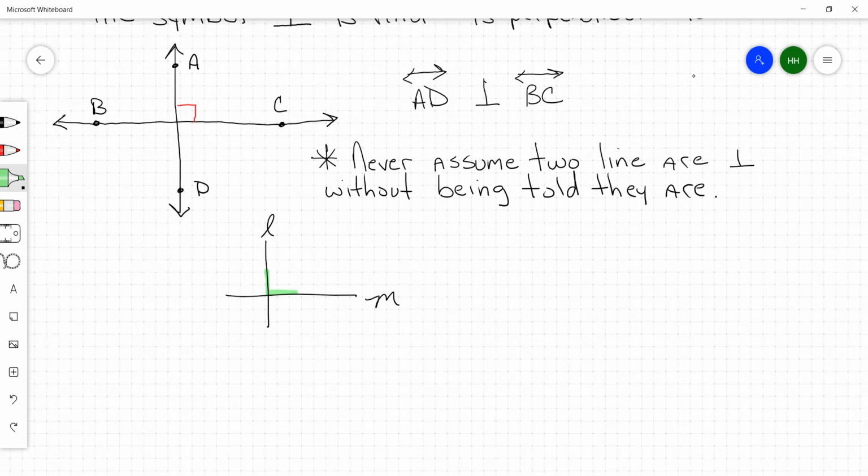You don't know what it is right now, okay? Unless you were to put a protractor on it, and then you could come up with an angle measure. But it's not 90 until you're told that it's 90. All right, so don't ever assume that. So now let me get rid of this if I can. Oh, clicking, I want the eraser.